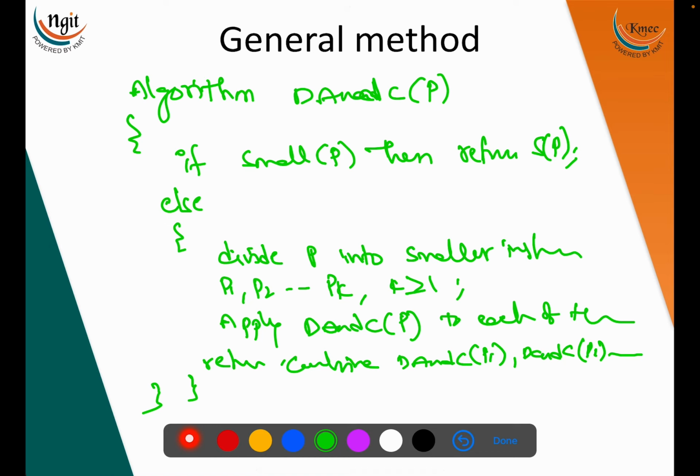The DAndC algorithm is initially invoked as DAndC of P, where P is the problem to be solved. Small(P) is a Boolean-valued function that determines whether the input size is small enough that the answer can be computed without splitting. If this is so, the function S is invoked.